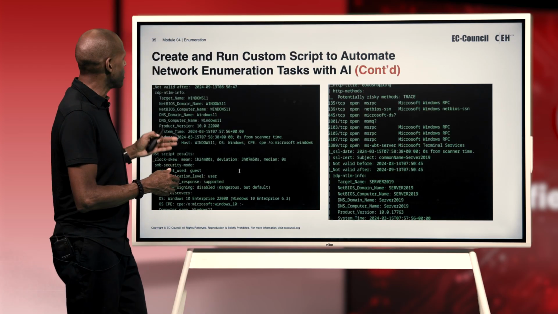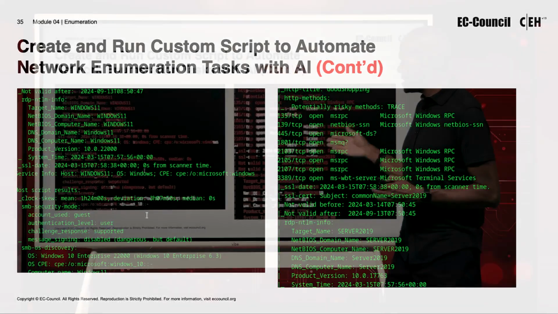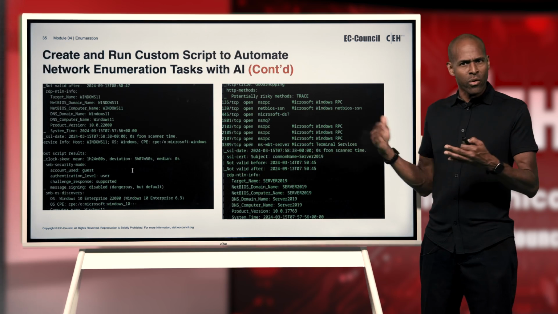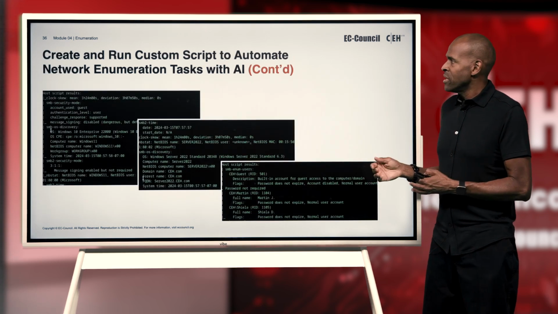So if you look over here, we're also going to enumerate other network tasks. Look, we get, it's Windows 11. Look, we get the system time. What else do we get? We get user information. Let's go to the other side here, and we get RPC information. So we're getting all of the information that we're just going through, but we're getting it all in one sweep.